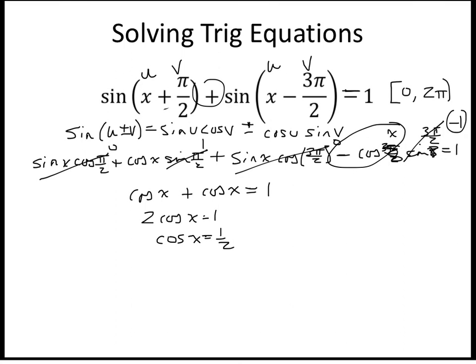This is a positive 1/2. Cosine is positive in the first and fourth quadrants. And it equals 1/2 for pi over 3 and 5 pi over 3. So there are our solutions for this particular function.